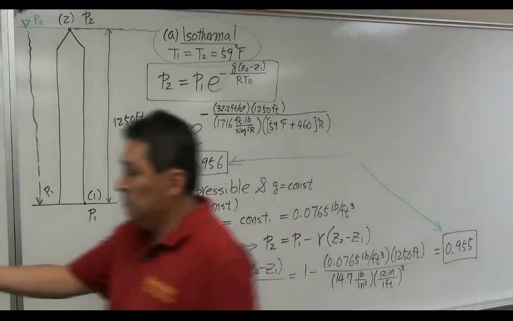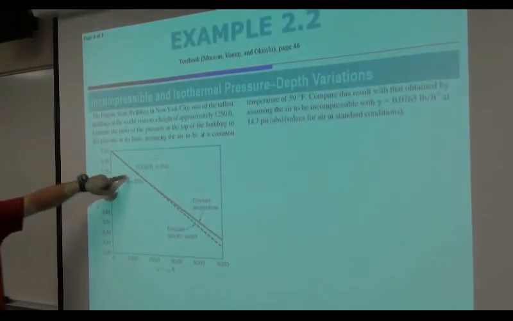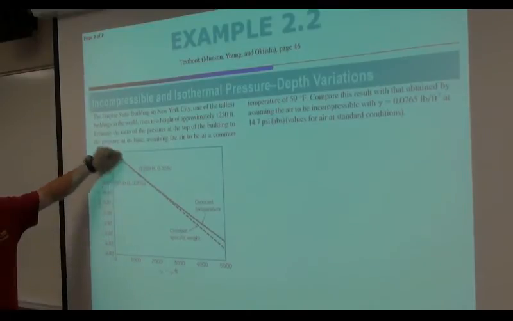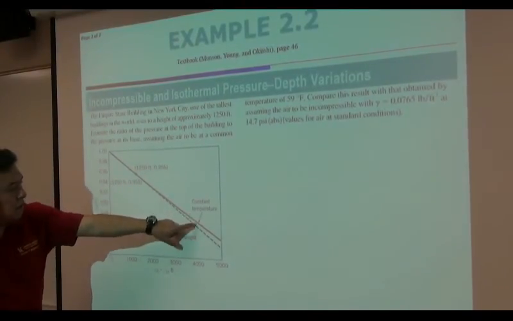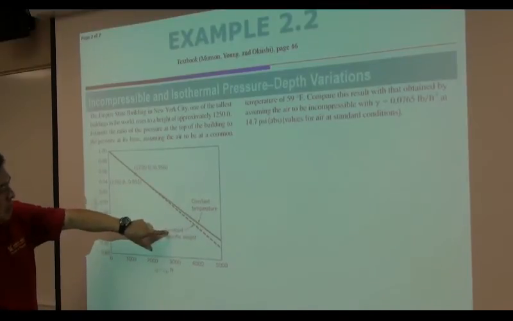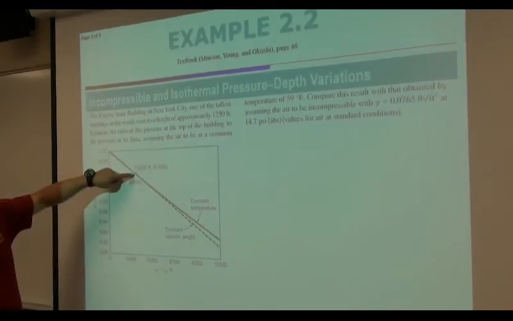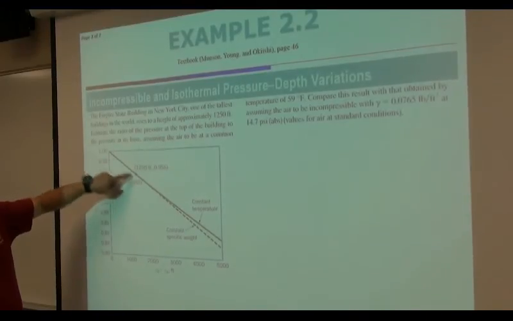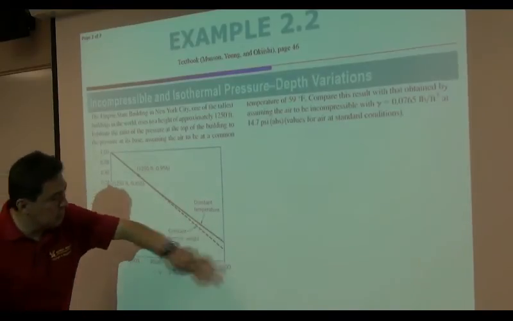Let's go take a look at this page here. So you're looking at the altitude of 1,250 feet. Those two lines correspond to the analysis based on constant temperature isothermal versus constant specific weight, which is incompressible assumption. Okay. At the 1,250 feet level, it's about the same thing, but it is going to depart into two different streams.